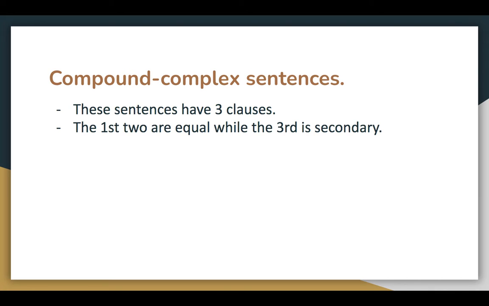Okay, first we should mention that because of the structure here, because we've got the compound piece first, that means that the first two ideas or first clauses are equal and linked using our fanboys, while the final clause will be a secondary idea here, and it'll be linked by a subordinate conjunction. So here's our formula: C1, comma, fanboys, C2, subordinate conjunction, C3.